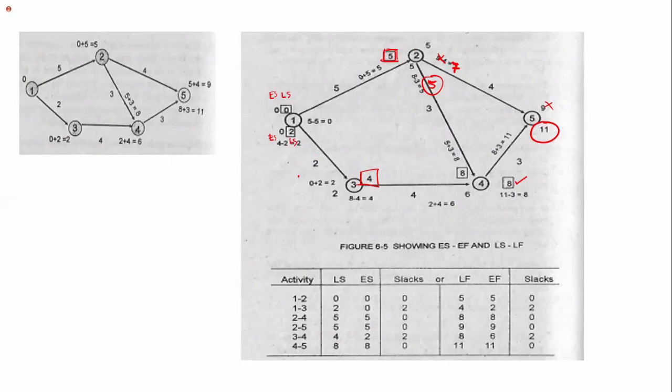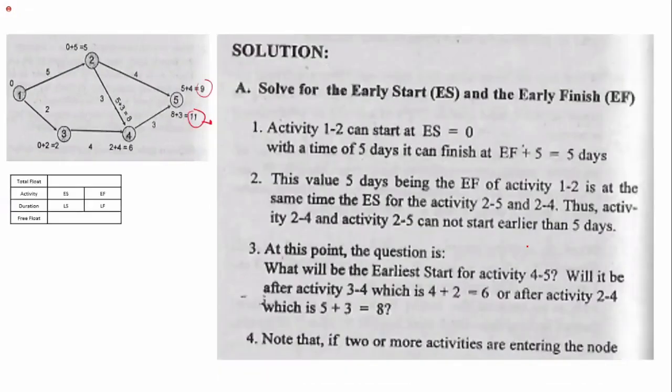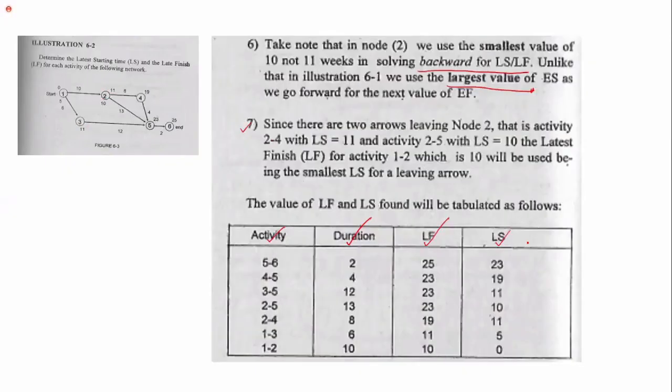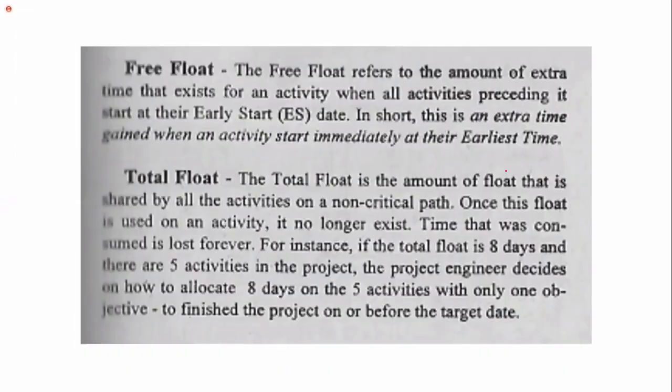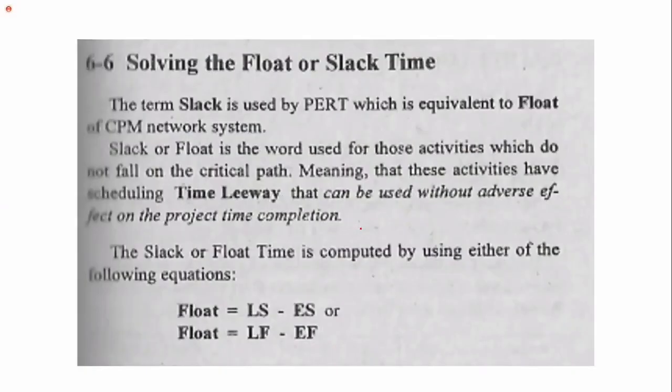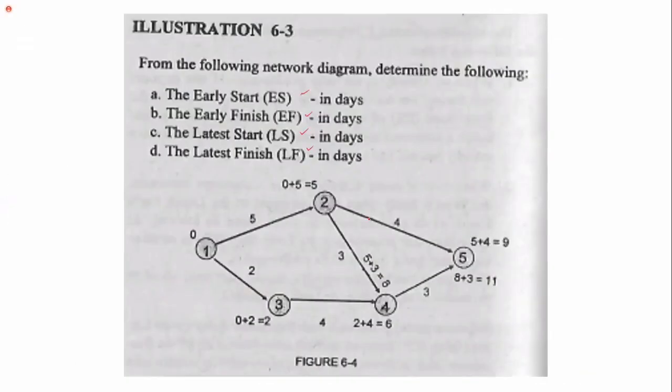How do we solve for the slack? The slack time, or total float, is the amount of float shared by all activities. Once this float is used on an activity, it no longer exists.